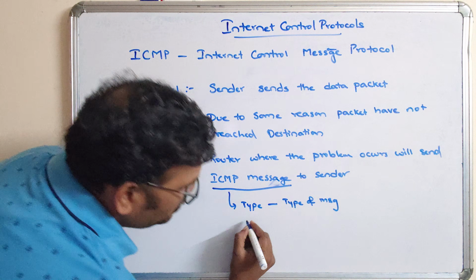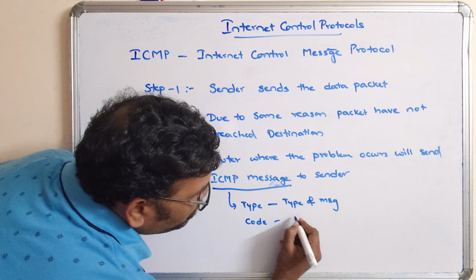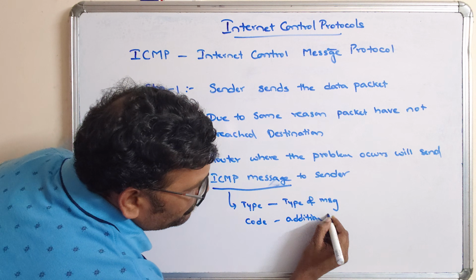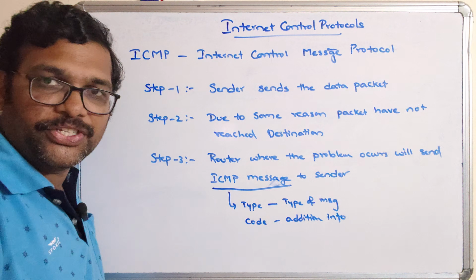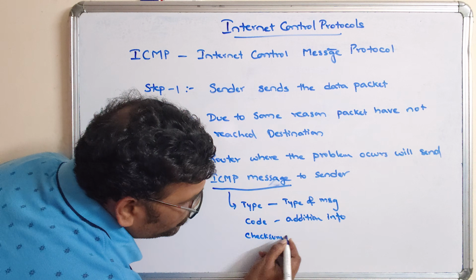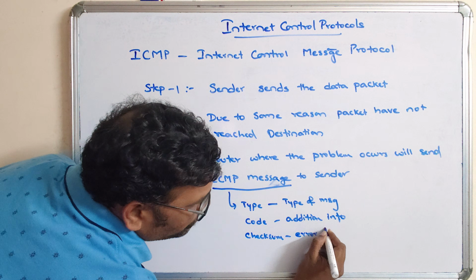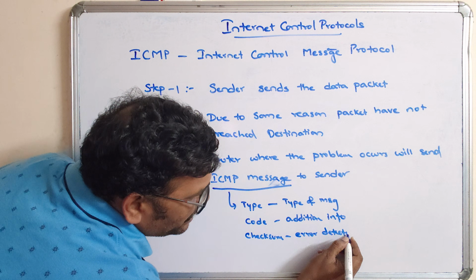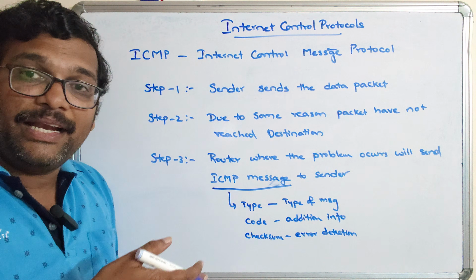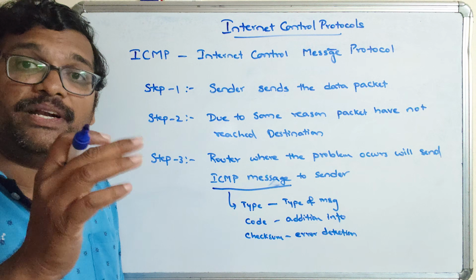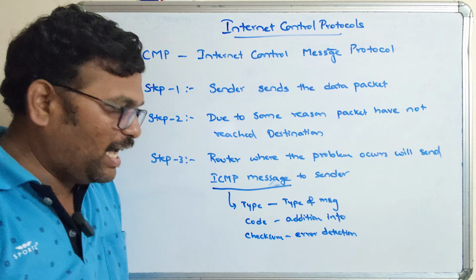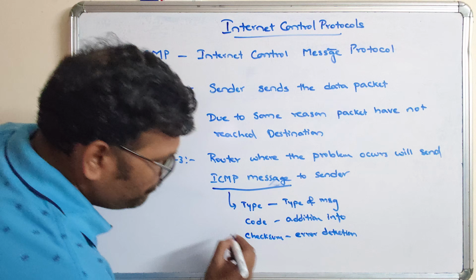Code, some additional information regarding the message, and checksum for error detection. Here we say error detection, but it doesn't mean that actual data is transmitted. Whatever information is transmitted, the error detection will be applied to that.